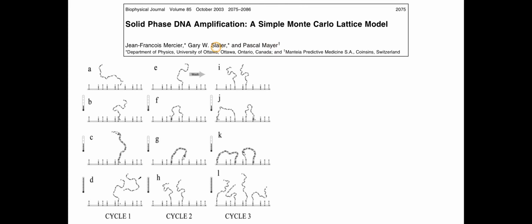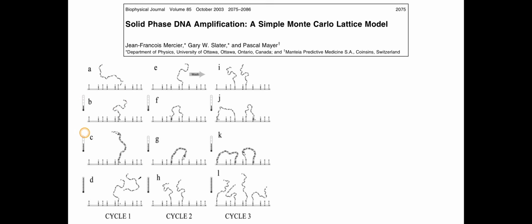He was running a lab at Manteia, which was a company in Switzerland, and they were very interested in solid phase PCR. This schematic from their original 2003 paper really highlights some of the parallels with what Illumina was doing. They have a molecule they're capturing on a solid substrate using an oligo.